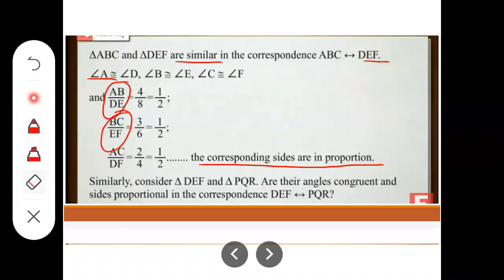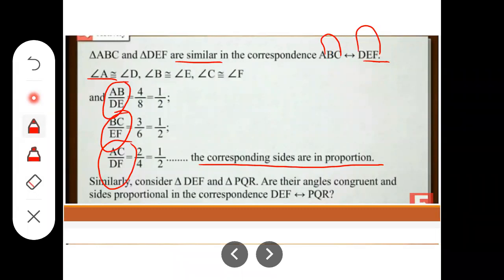And then AC, first vertex and third vertex, DF. So AC by DF.